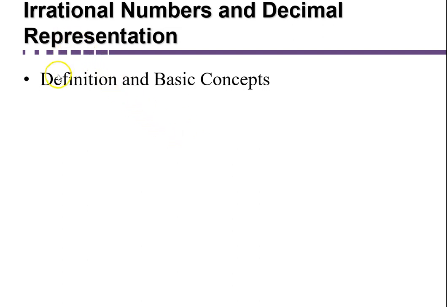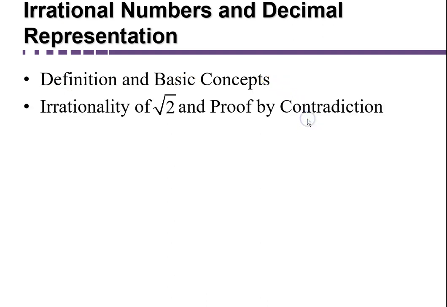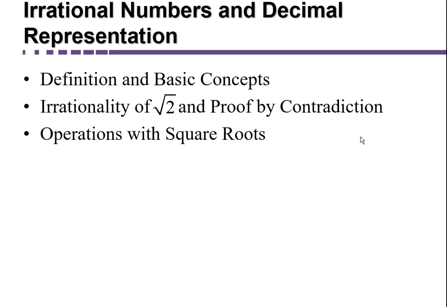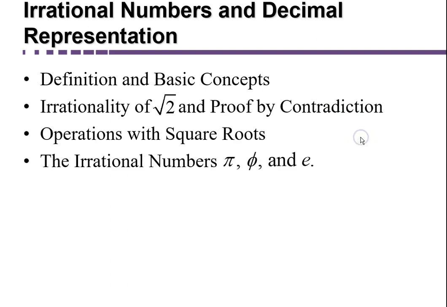So again, definitions and basic concepts, the irrationality of the square root of 2 and proof by contradiction. We'll do that part historically. Operations with square roots, the irrational number pi, phi, and the letter e.